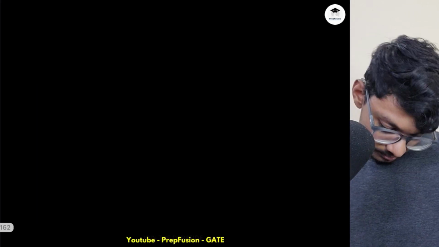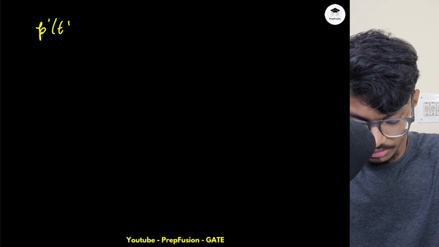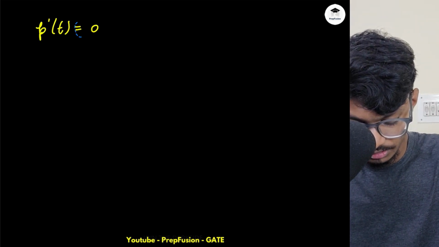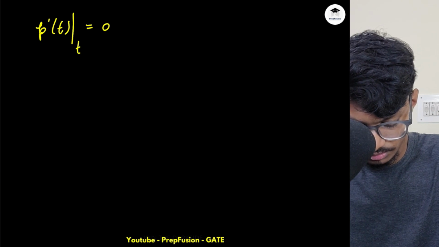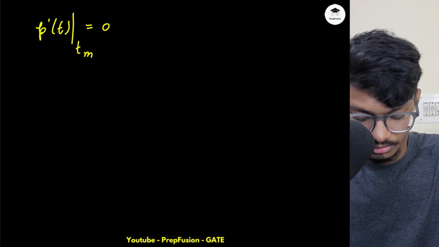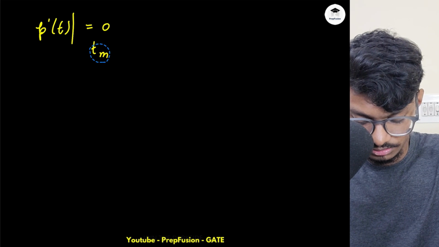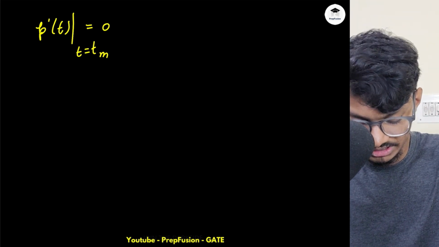So my P of t will become something like this. If I take the derivative, P dash of t equals 0 at t equals tm, my power will be maxima.